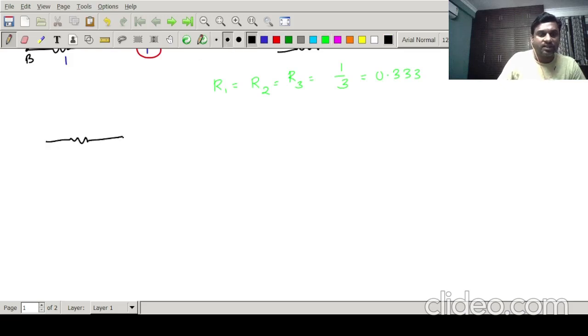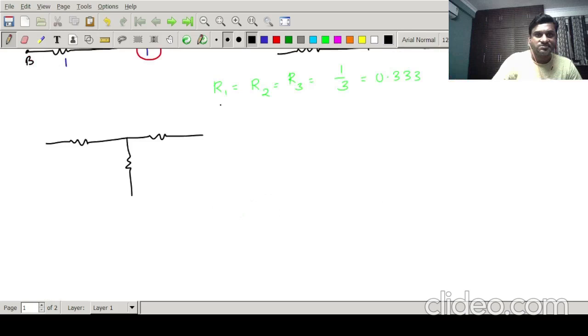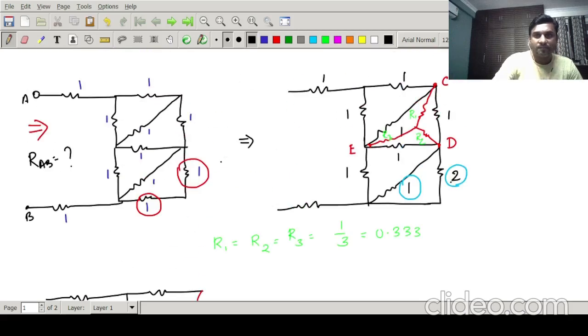By drawing it, I will get this type of circuit, and we kept this as 1. In the previous circuit, I am naming this node as F. Between D and F, this 2 and 1 are in parallel.